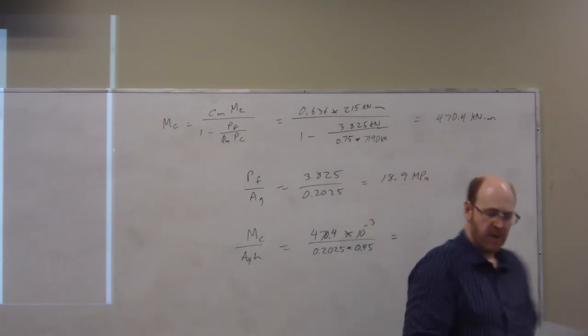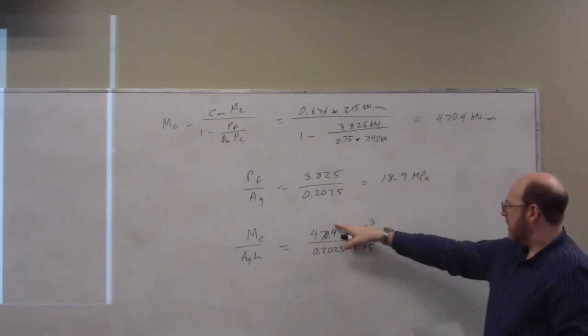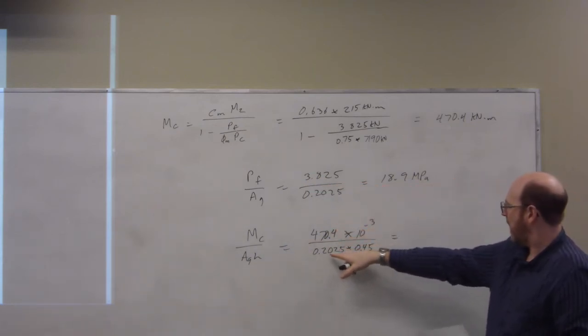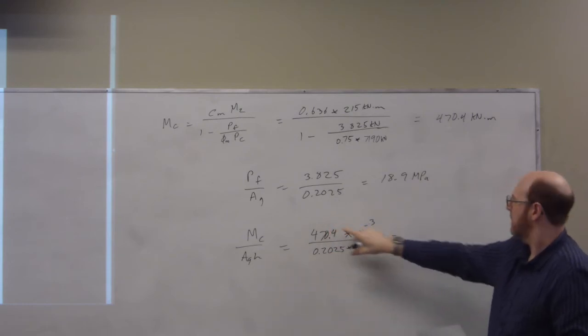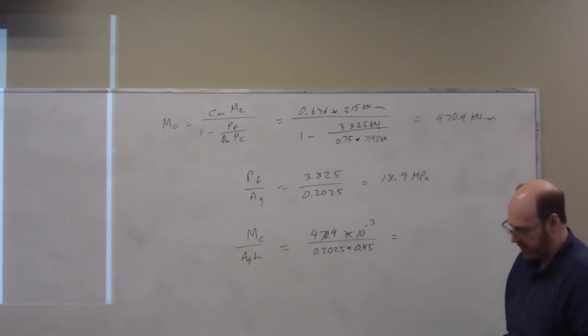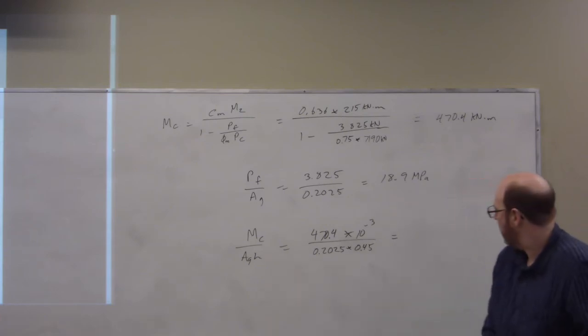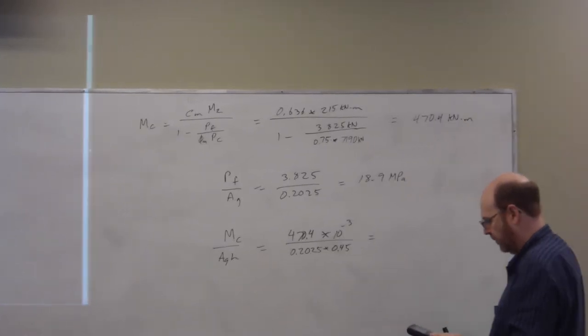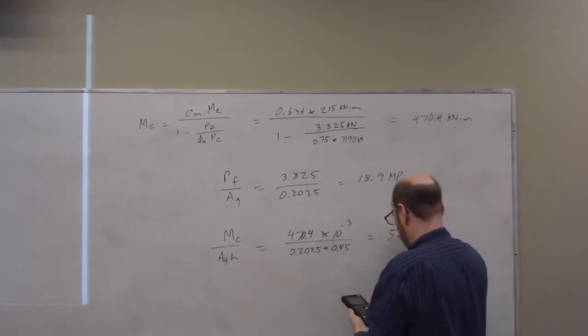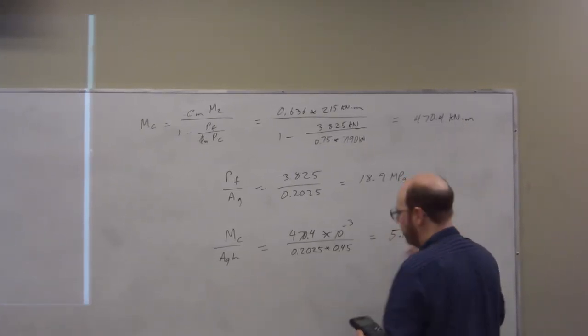So we have kilonewton meters in here, and we have meters in here. So everything's working out in terms of kPa. So our 10 to the minus 3 there converts that back into MPa. Okay, 5.16 MPa.